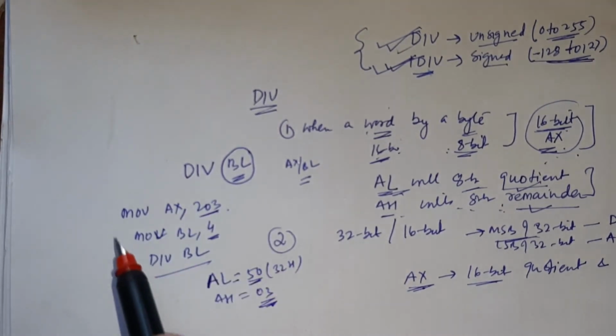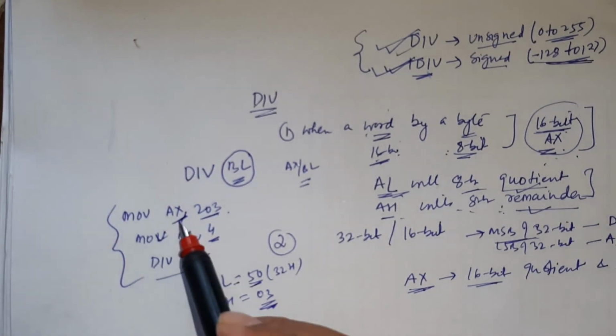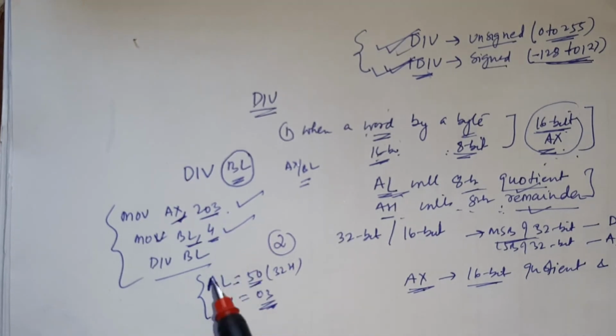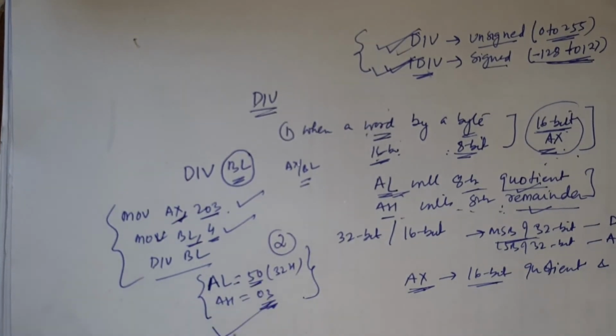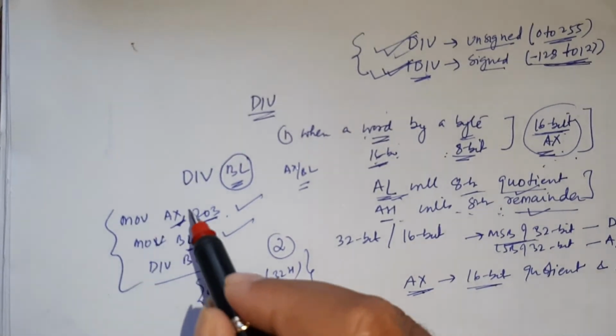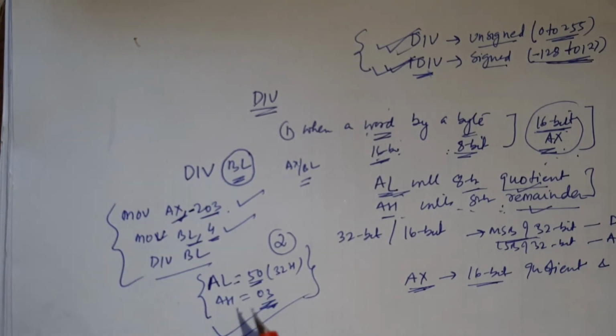Because this is a 16-bit number, meaning a word, and this is a byte, after performing the division we get our output. So this is the working of DIV and IDIV. In the case of IDIV, you can take this example as -203.